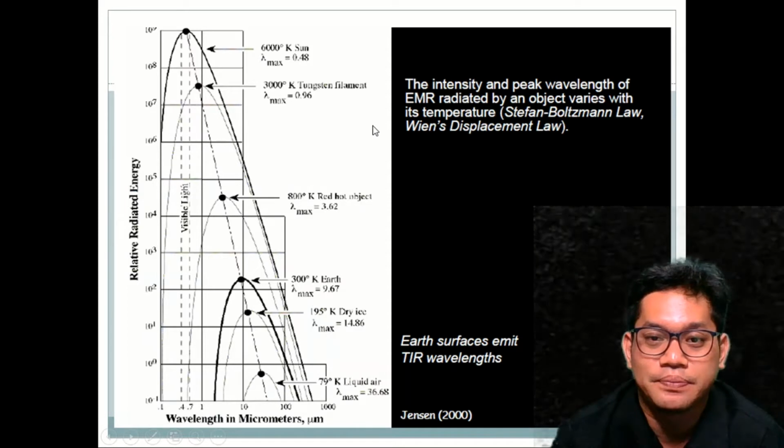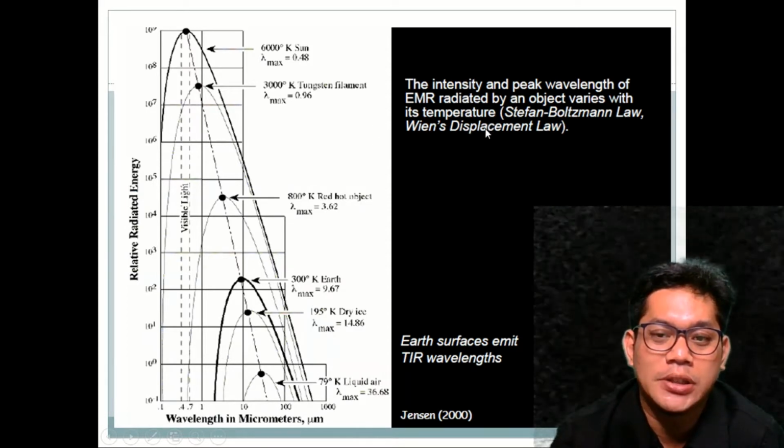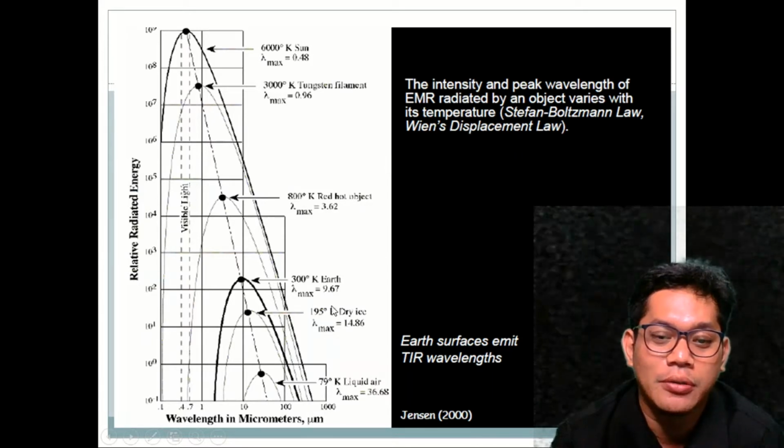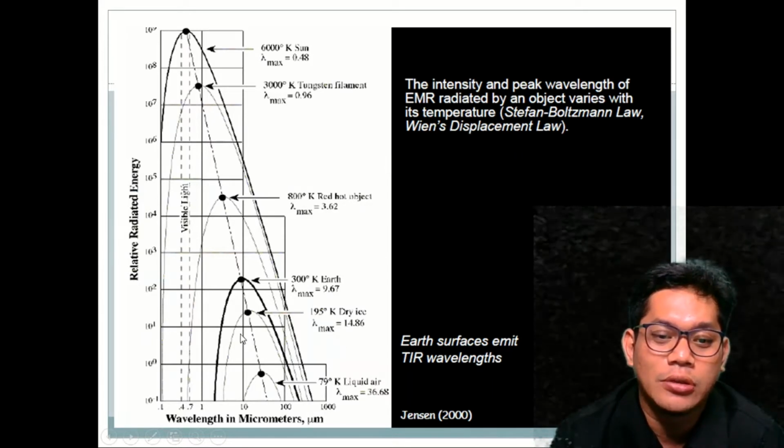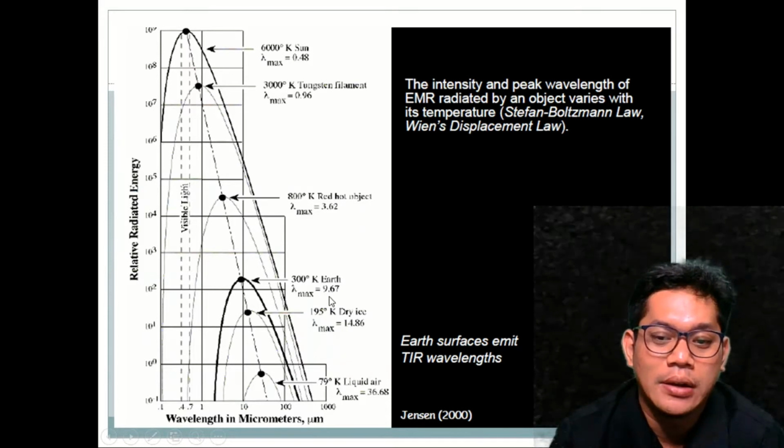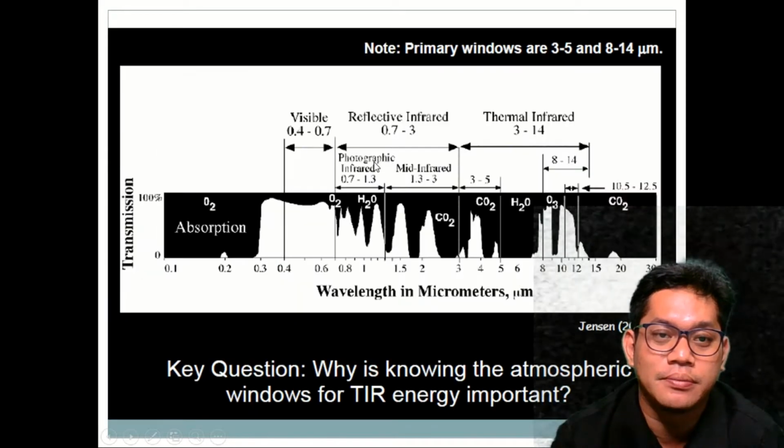By using the Stefan-Boltzmann law and Wien's displacement law, it is possible to capture the thermal infrared wavelengths and thus calculate the EMR being radiated.